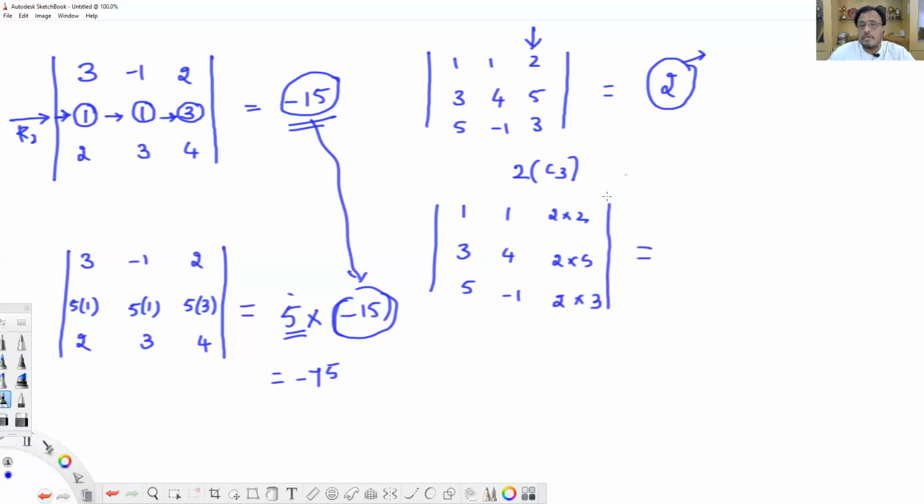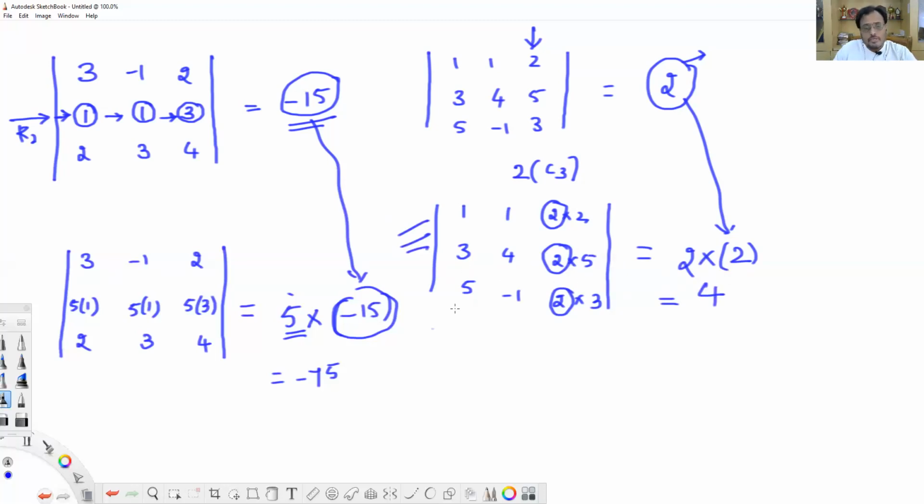After multiplication, the old value, 2, has to be multiplied by that constant number 2. So the value of this new determinant will definitely be 4.